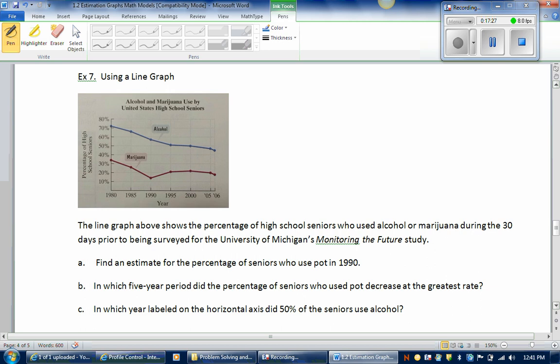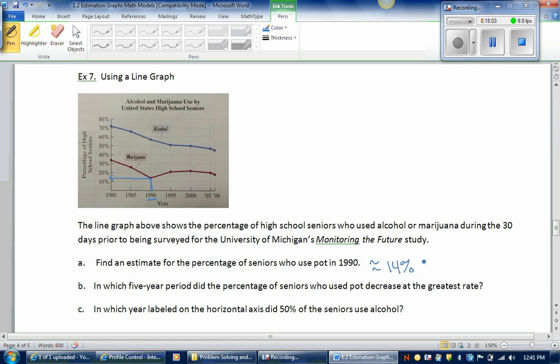So what we're going to do is look at 1990. Here it is. I want an estimate for the percentage of seniors who used pot. Pot is going to be my line in red, marijuana. So for the estimate for the number of students who used marijuana in 1990, I'm going to look directly across to this value here. So I guess we could say this is probably about 14% of students.